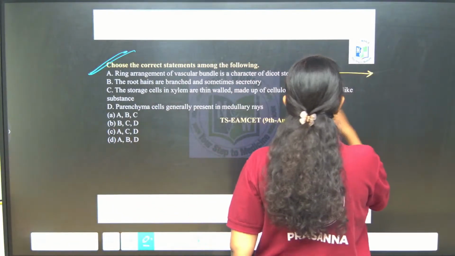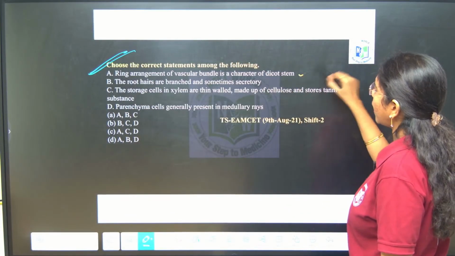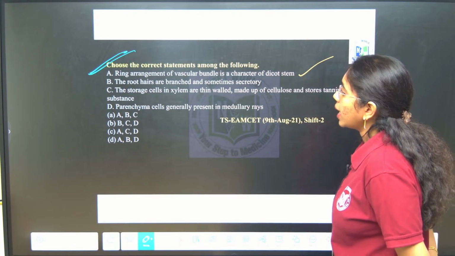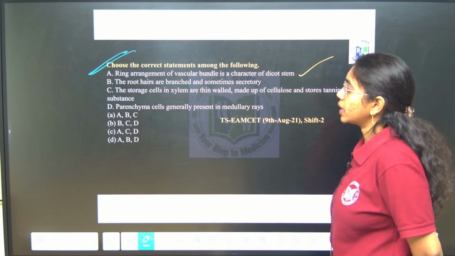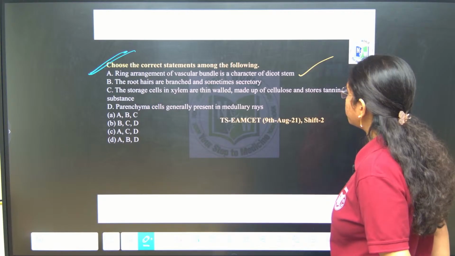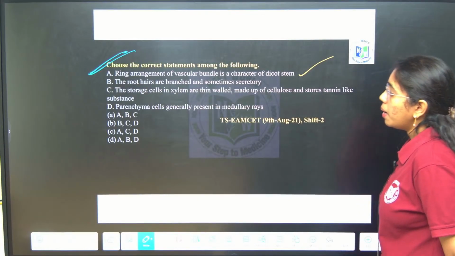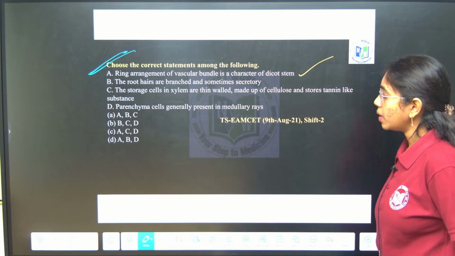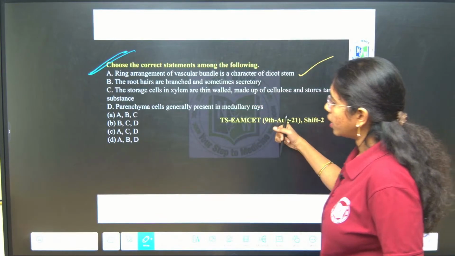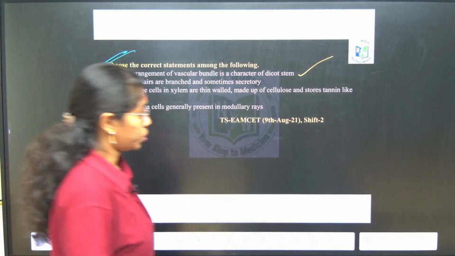Yes, ring arrangement of vascular bundles is characteristic of dicot stem, correct. Yes, vascular ring, cambial ring is formed here. Next, the root hairs are branched and some are secretory. The storage cells in xylem are thin walled, made up of cellulose and store tannin substances. Yes, it is about xylem parenchyma. Parenchyma cells generally present in medullary rays. No, parenchyma cells are not present in the medullary rays. So here we can go with option A, B and C, right? Yeah. Next question.